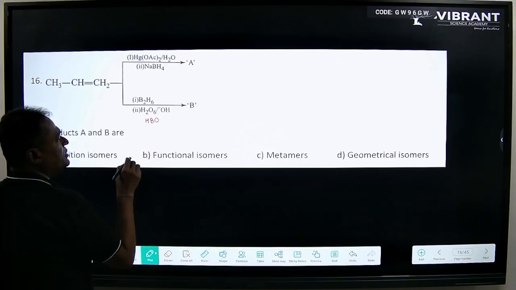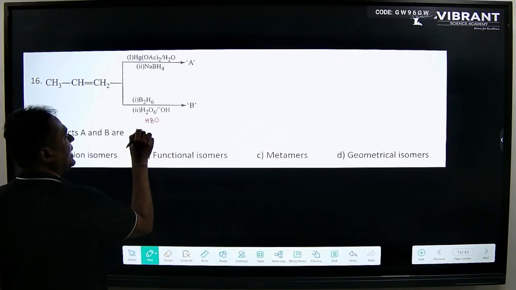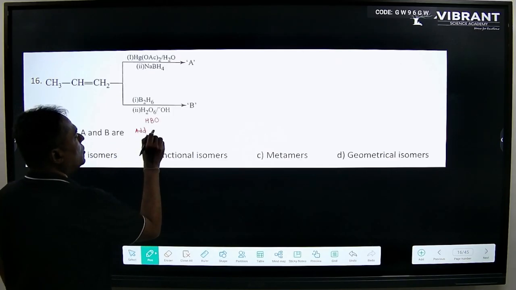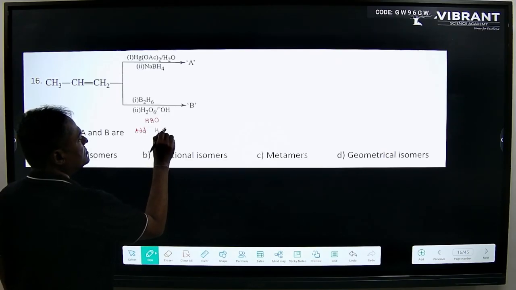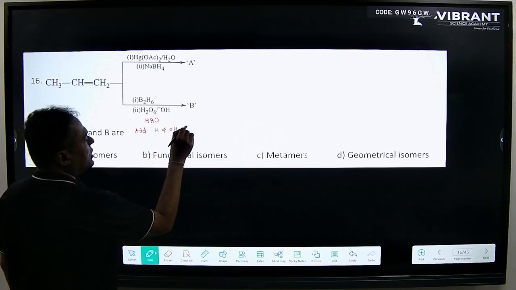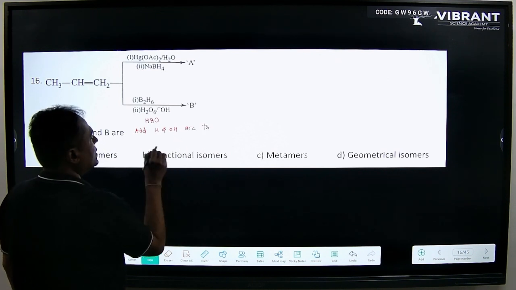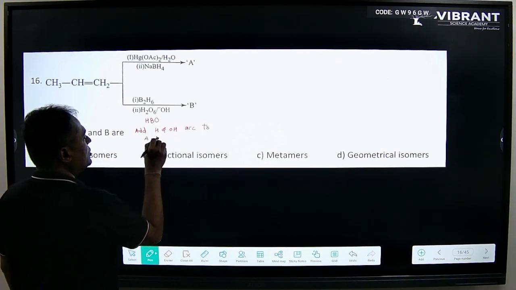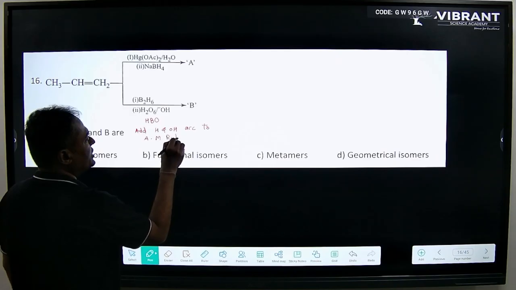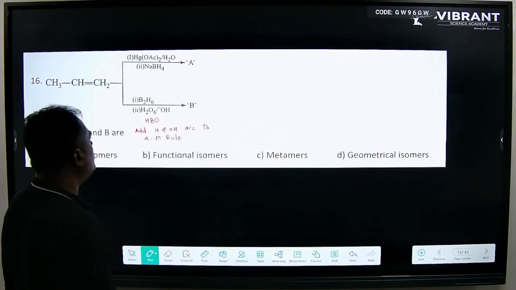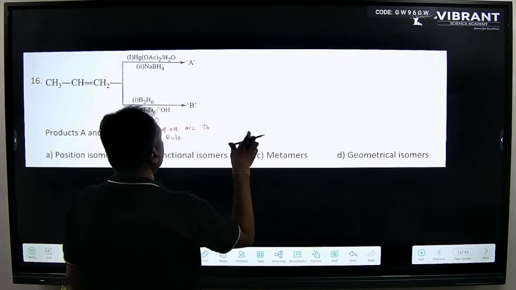If you remember, the shortcut was add water molecule according to anti-Markovnikov rule. Do you recollect that, bacha? So, in this example, the answer can be like this.